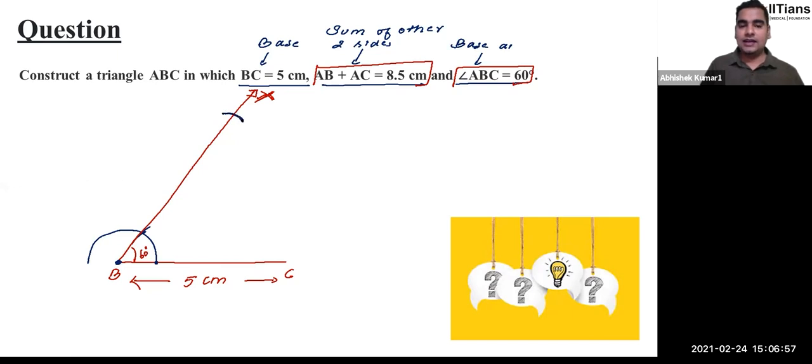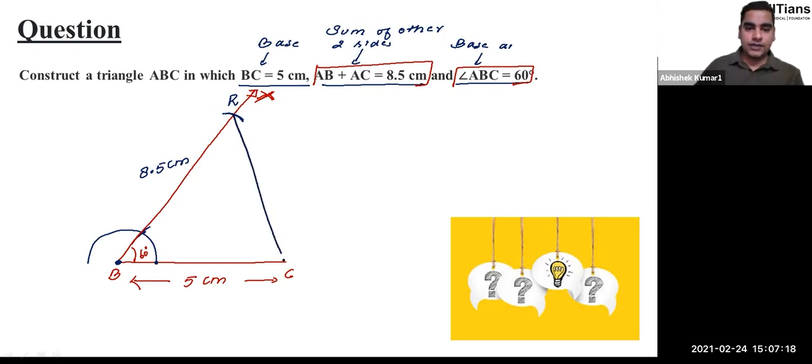Let's say that arc cuts it here, and I'm going to call it R. All right. So this BR that you have is going to be equal to 8.5 centimeter. That's your third step. And what is the next step you have? In the very next step, you have to join R and C using a ruler or scale.